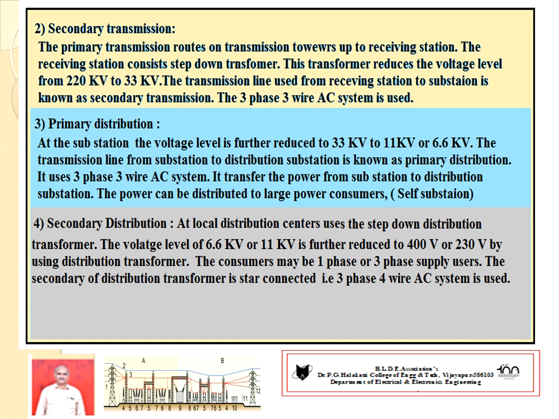After the primary transmission, that is after the receiving station, secondary transmission starts. Again the receiving station has a step down transformer. Again this is a three phase, three wire system. The main intention is not to distribute the power but to transmit it. These are also known as power lines.